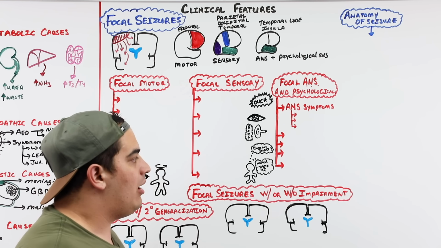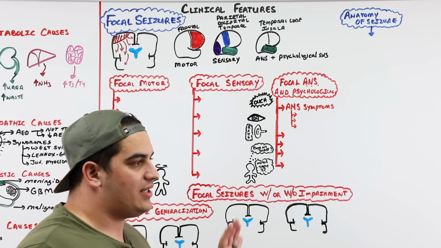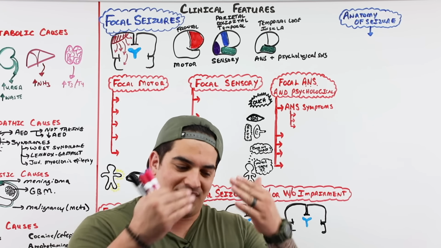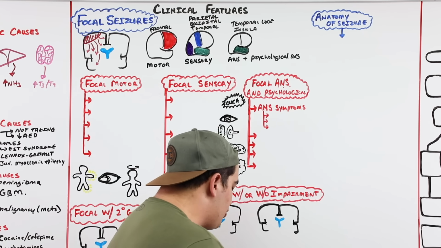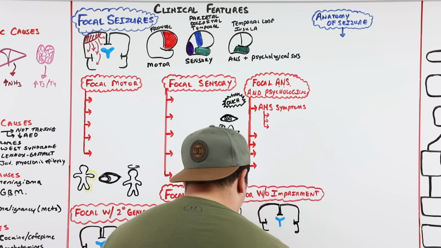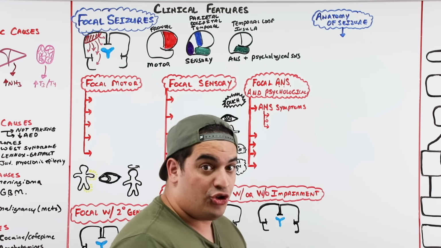Before we start talking about the basics of generalized seizures, I want us to talk about the basic process of seizures, since we're getting ready to introduce this. Whenever someone is having a seizure, there's a stage or phase process that they go through. Let's say we first start off with the trigger.